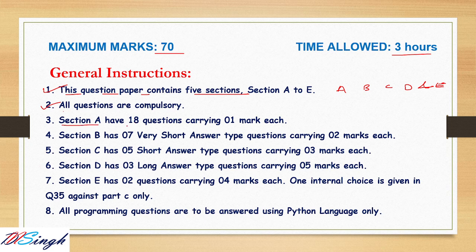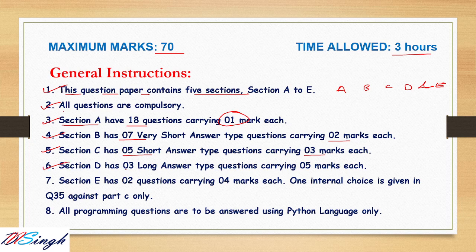Section A will have a total of 18 questions which are carrying 1 mark. Then section B will have a total of 7 questions where each question is having how many marks? 2 marks. Then we have section C where we have a total of 5 short answer type questions and each question's weightage is how much? 3 marks.